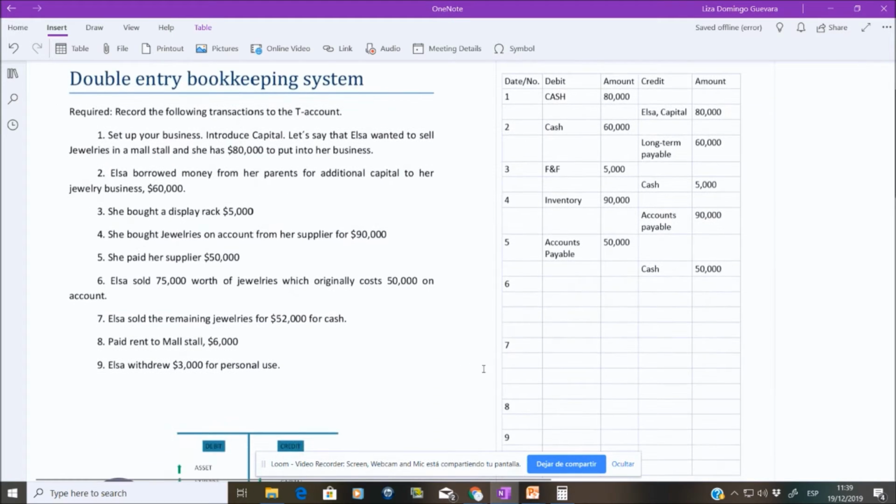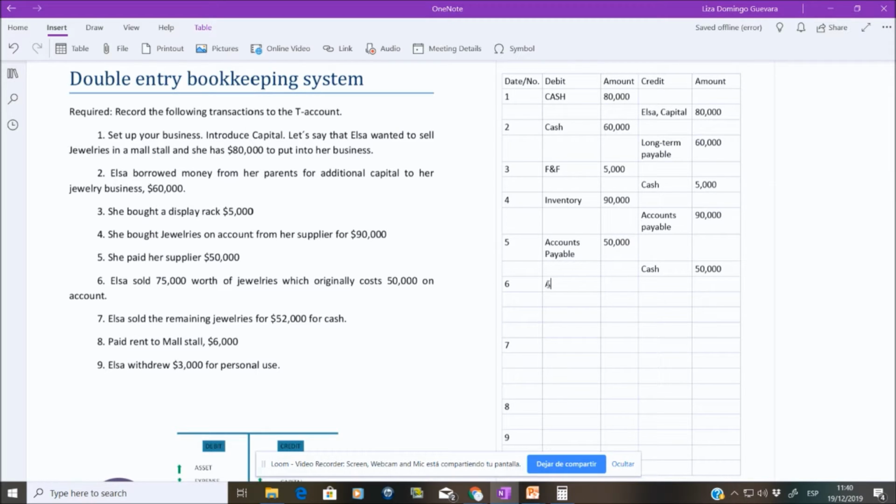So number six, Elsa sold 75,000 worth of jewelries, which originally cost 50,000 on account. So we will record two journal entries. One is the sale and the other is to remove the jewelry sold from the inventory and transfer it to cost of sales. So the first one is let's record our sales.